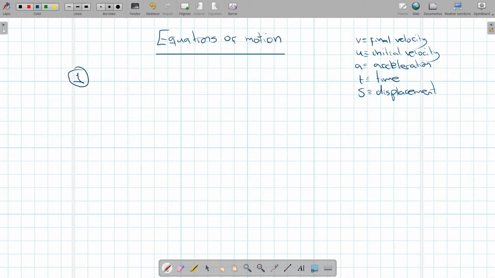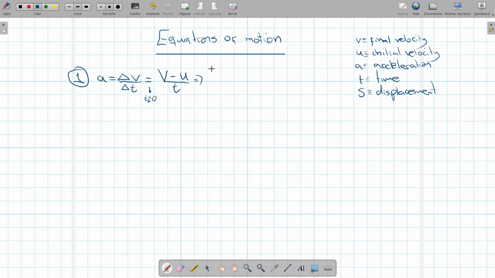The first equation of motion, you can obtain it directly from the definition of acceleration, because acceleration is the change in velocity over the change in time. A change is always the final velocity minus the initial velocity. And if we consider that we start time at t equals 0, so the initial time is 0, then this is t.